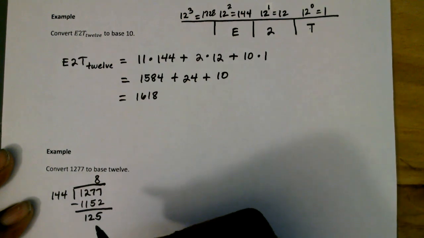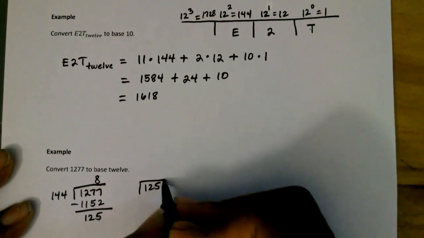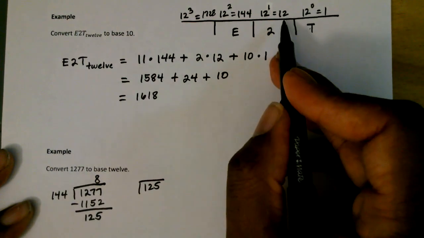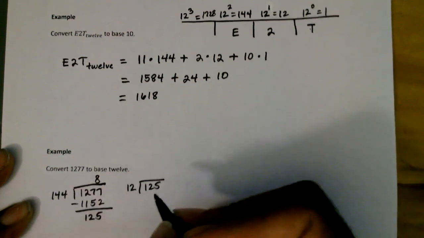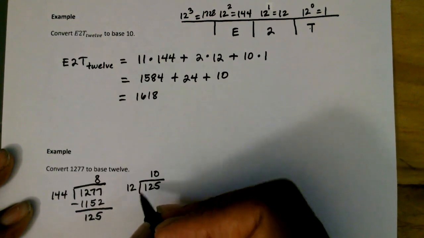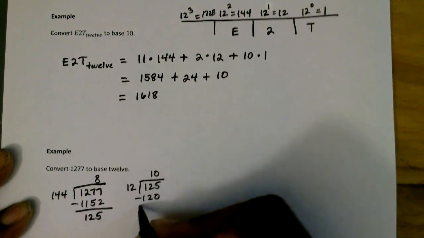1152 from 1277 would be 125. Then I'm going to take that remainder of 125 and divide it by the next place value to the right of 144, which is 12. Well, 12 goes into 125 ten times. 10 times 12 would be 120.